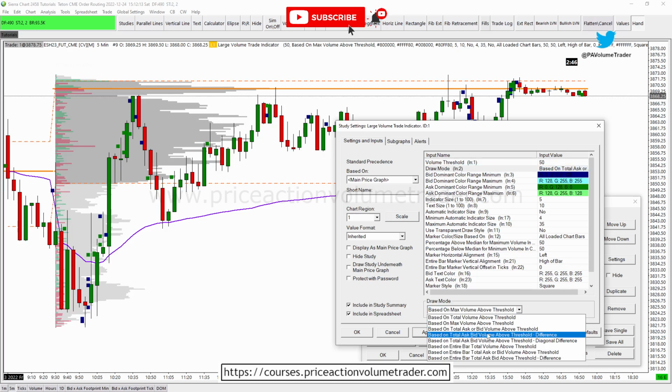This is going to be what is going to happen when it draws it. When is it going to draw it? You can do it based on diagonal differences, on the total ask bid volume, about a threshold, etc. I like to just choose the first one based on total volume above threshold. So any trade or group of trades that are at a price level over 50, I want it to highlight it.